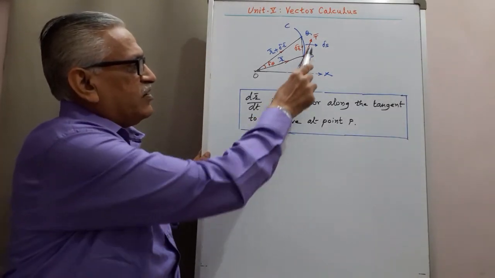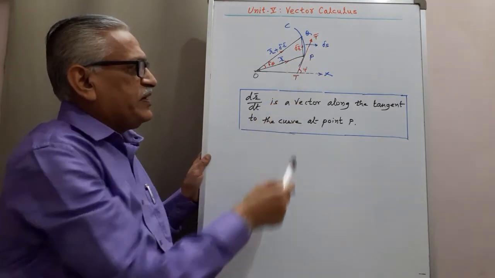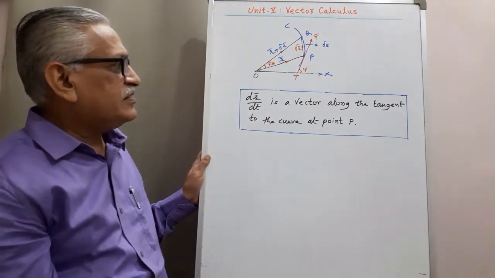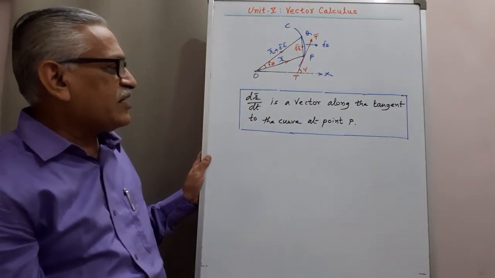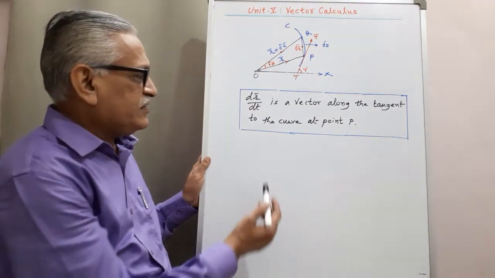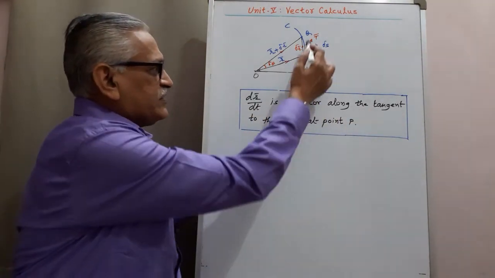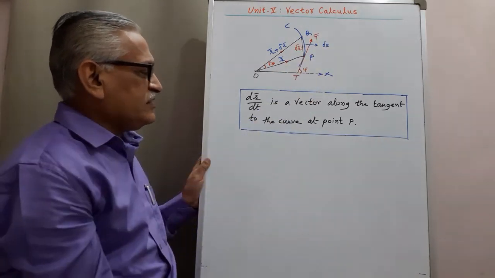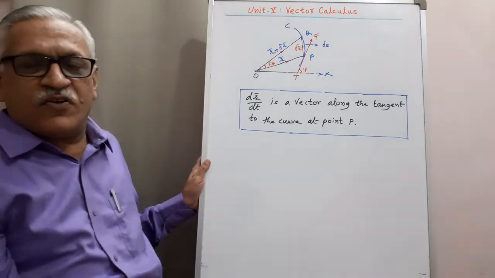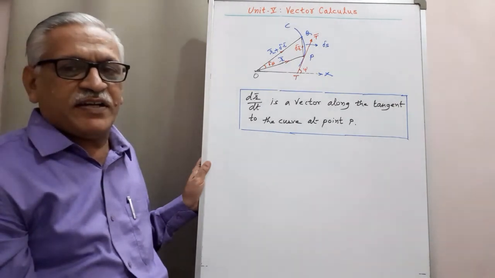At point P, we draw a tangent to the curve. Therefore, that vector PT is the tangent. We denote it by T bar. And the physical interpretation of dr by dt is that dr by dt is a vector along the tangent to the curve at point P. Therefore, whatever tangent we have at point P, along it we can find the value of dr by dt.